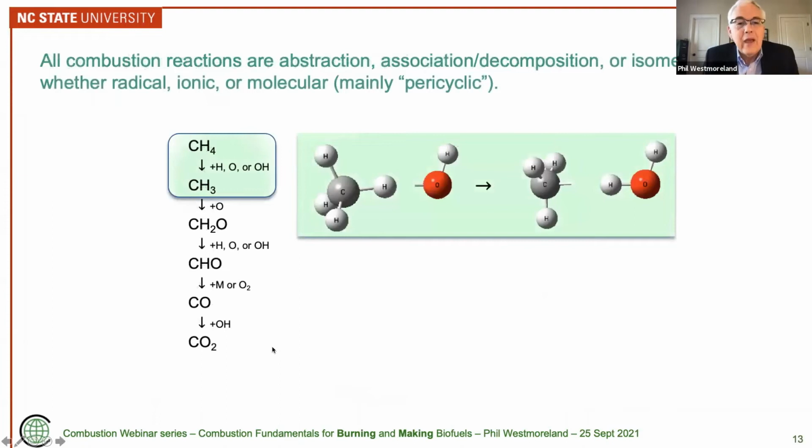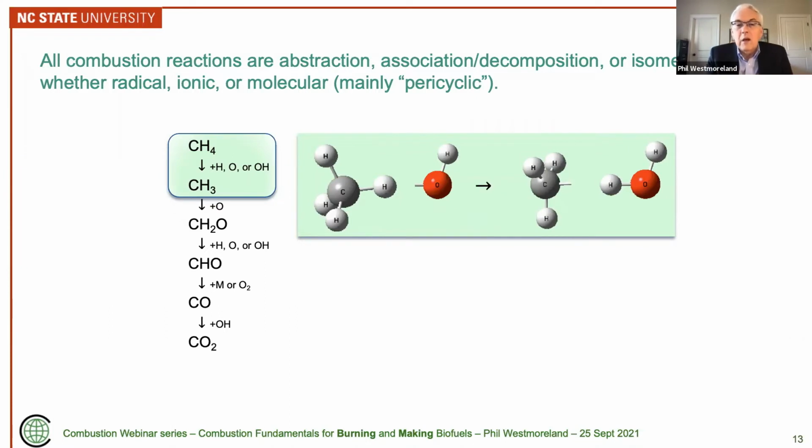So if we look at them, the powerful insight is that we can break down all combustion reactions into three types. Abstraction reactions, mainly hydrogen, sometimes halogens being abstracted. We can look at association reactions of combination or addition, and their reverse step, which is decomposition.